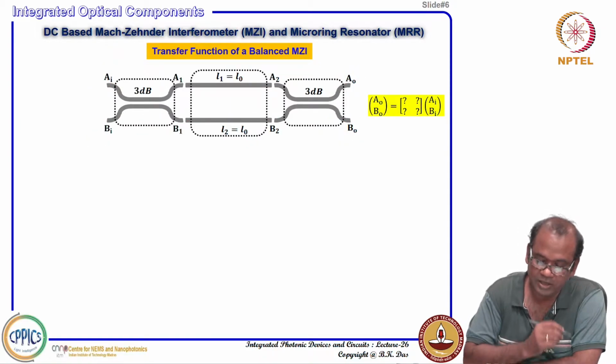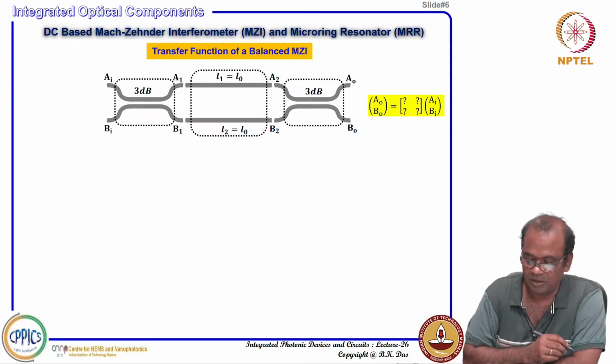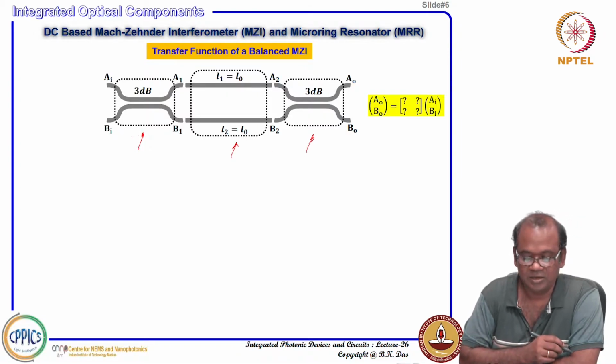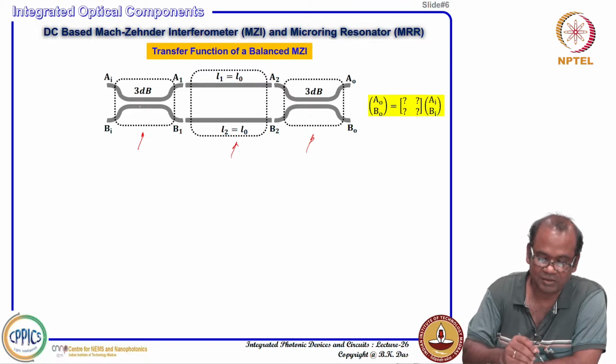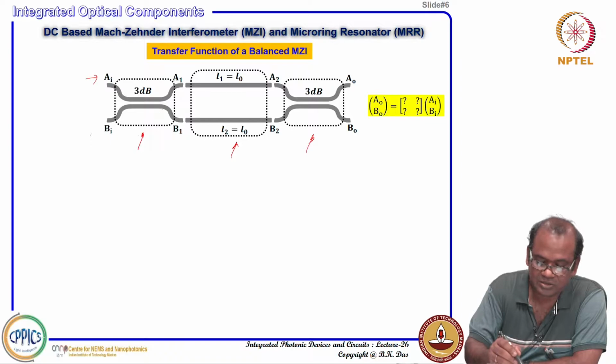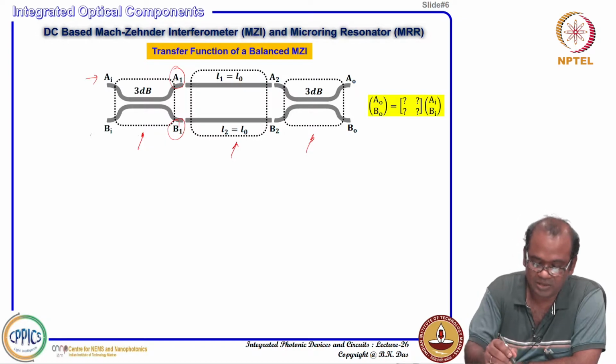So, now let us annotate this entire structure into 3 zones: zone 1, zone 2, zone 3. Basically, we can consider a directional coupler where inputs are AI, BI, and the output section will be A1 and B1, which we annotate. This A1 and B1 we can consider as the input for the Mach-Zehnder interferometer arms.